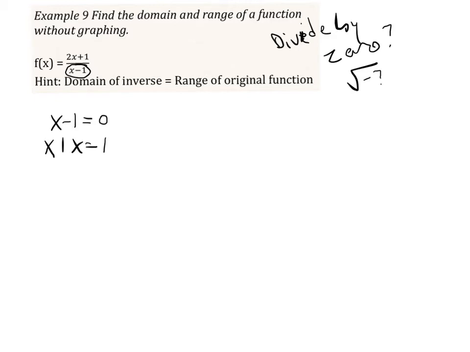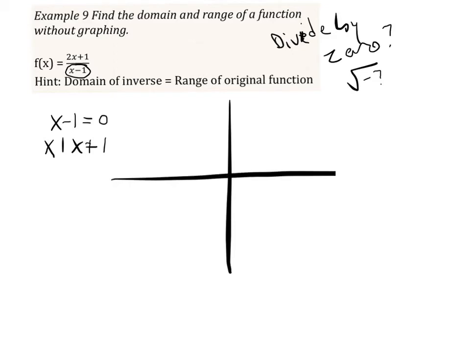Alright, and then this is a rational function with a vertical asymptote at x equals 1. And because the powers are the same, y equals 2 is our horizontal asymptote.